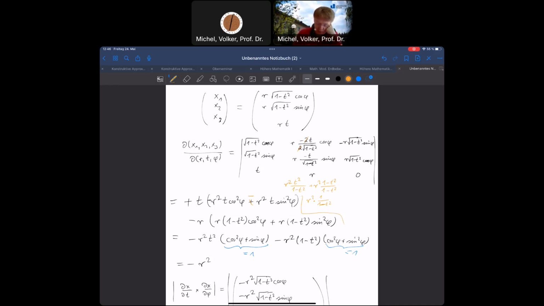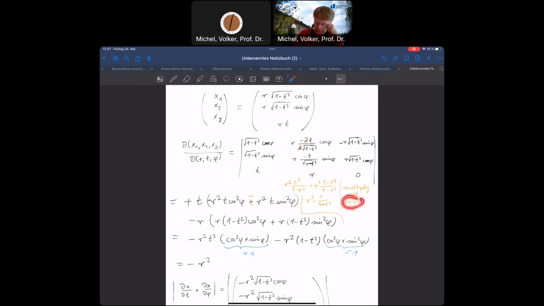So if you divide by the norm, or it's easier to say multiply with the square root of 1 minus t squared divided by r. Because this is the square of the norm, right? If you divide by the norm, meaning multiply with that one, you get a normal vector, which is easy here because just the r cancels out.